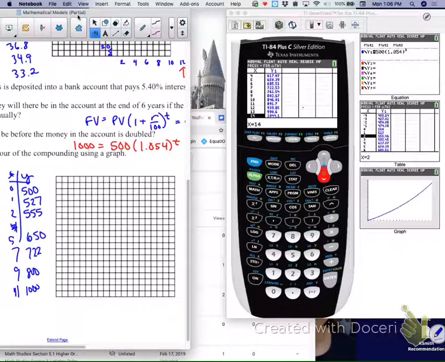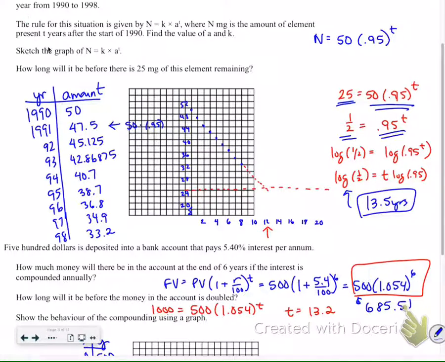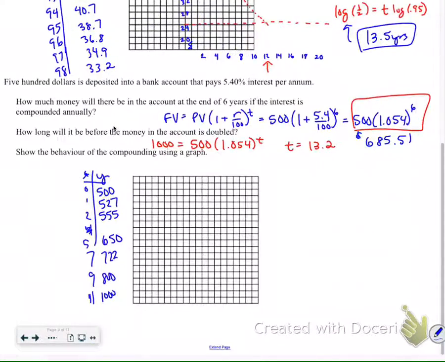All right, so now let's make this bigger here. All right, so on my graph here, I'm going by ones at the bottom again. And then I'm starting at 500 here.